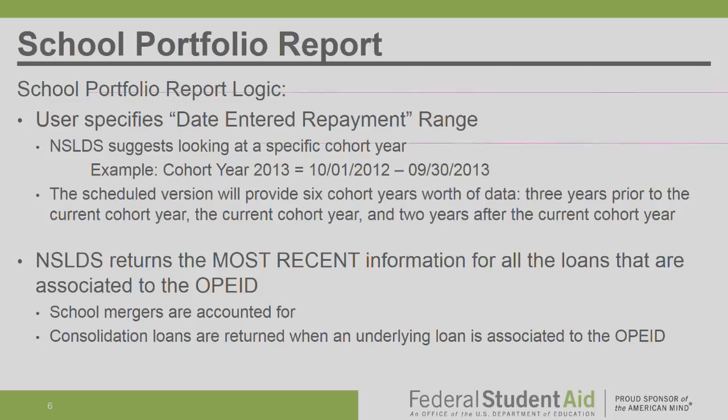So if you were to go into the report and say, I want all loans that entered repayment starting October 1st, 2014, ending September 30th, 2015, that's going to give you all the loans that entered repayment in the 2015 fiscal year.